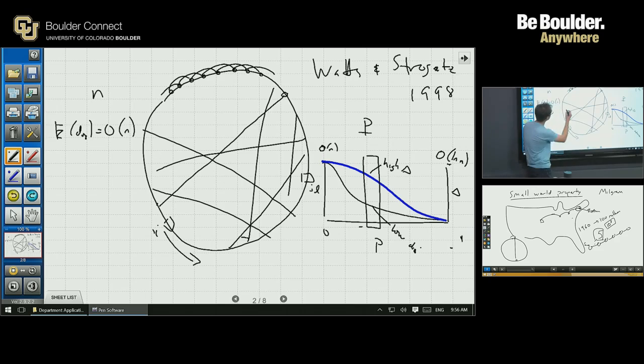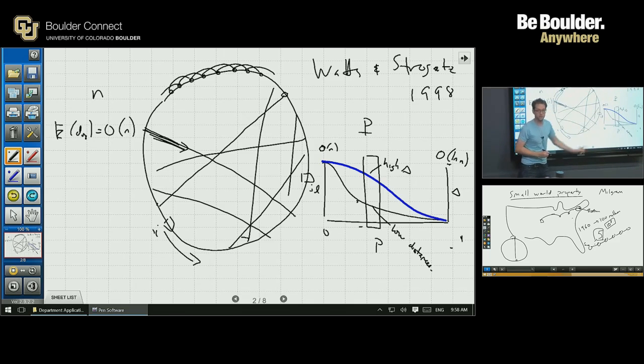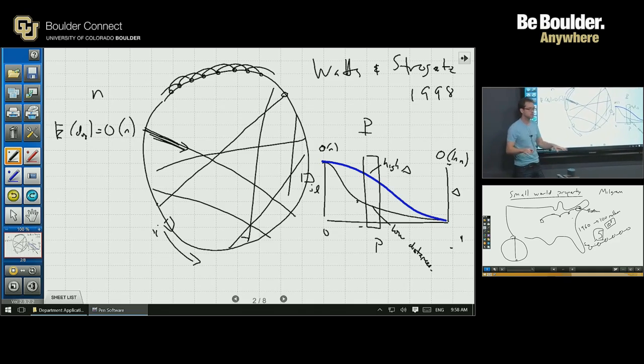What that means, of course, is that this short path will have many, many things that go across it, right? So this entire basin of vertices will all be using this highway in order to communicate, essentially, or connect to vertices on this side. So there's a non-uniform distribution of the paths across the edges now.